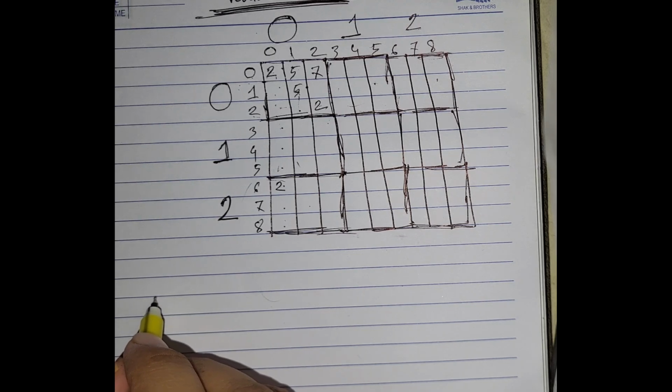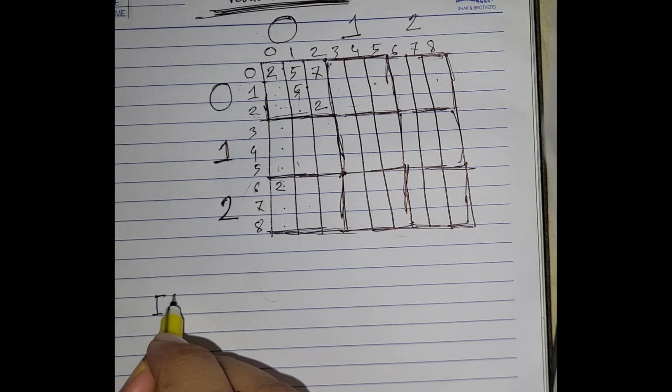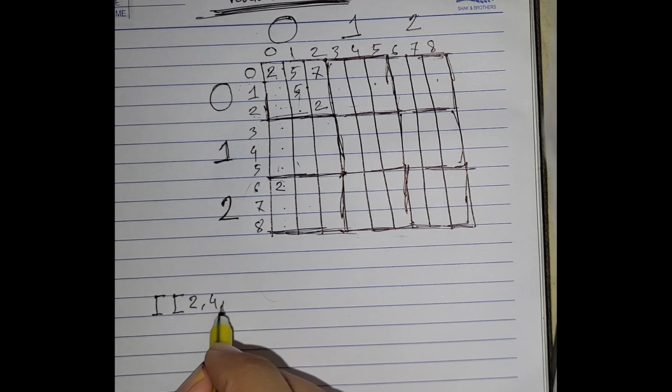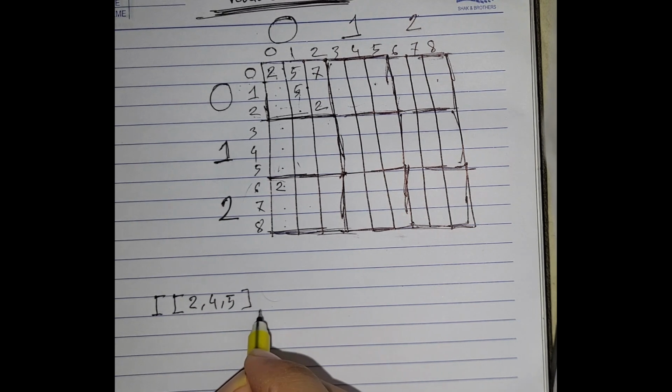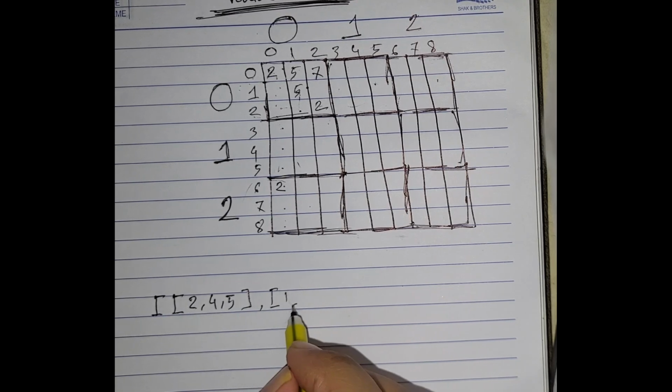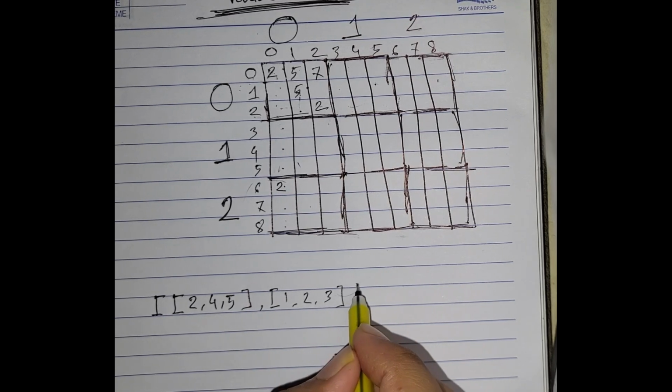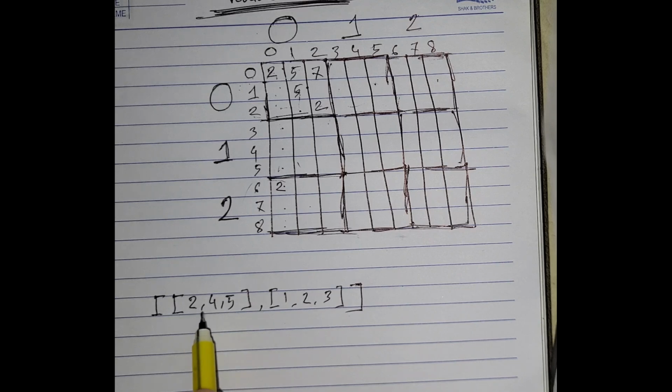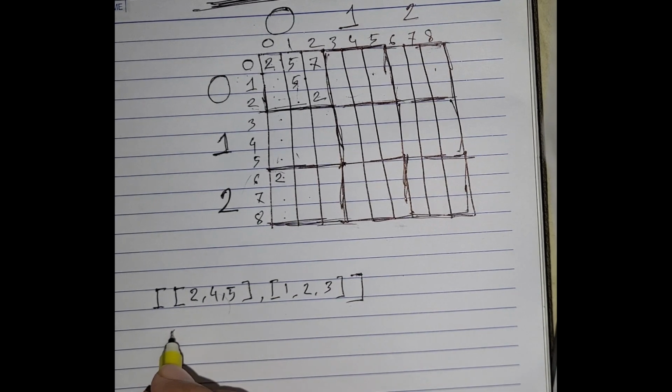Let's say you have 2D arrays like this, and inside that you have 2, 4, 5, and you have another array, 1, 2, 3. How can you print all the values right here? You run a loop, right?